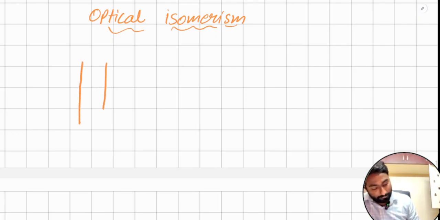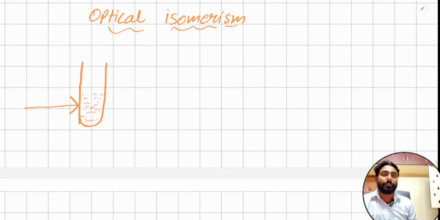Optical isomerism. Few textbooks have given optical isomerism as one of the things in stereoisomerism, and few have given it separately. Okay. Suppose you have taken a solution of monosaccharides or carbohydrates and you pass plane polarized light through it.